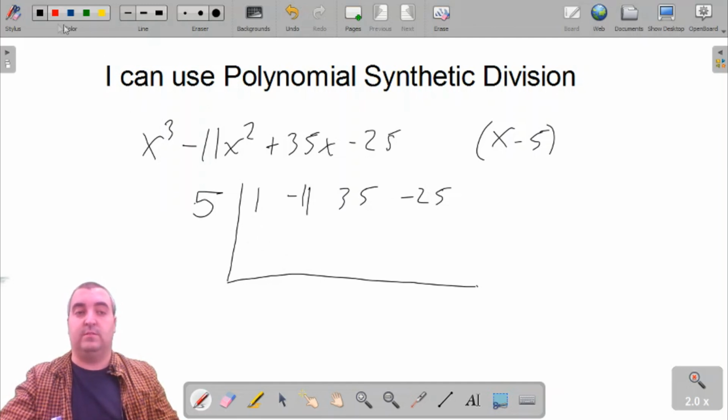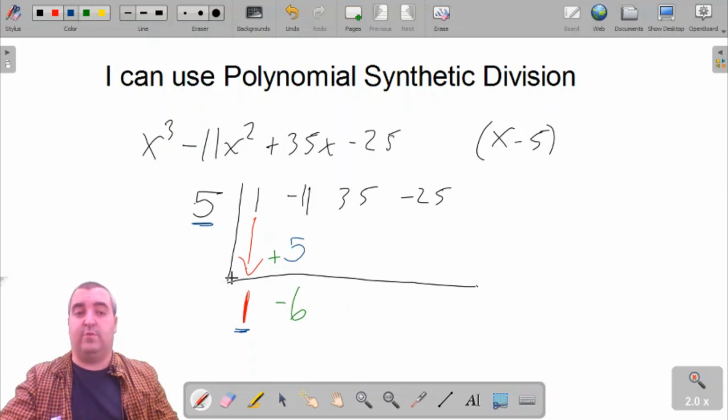So now comes the synthetic division, which is bring down the first number, you write it down here. Then you're going to multiply the 5 and the 1 and write the answer right there. So 5 times 1 is 5. And then you add straight down. So negative 11 plus 5 is negative 6.